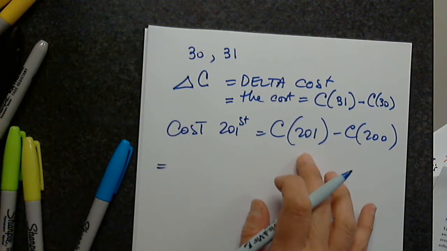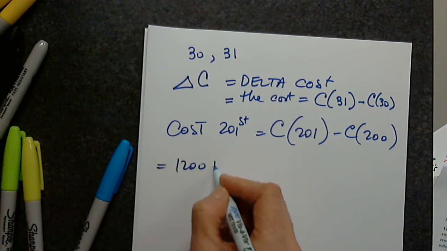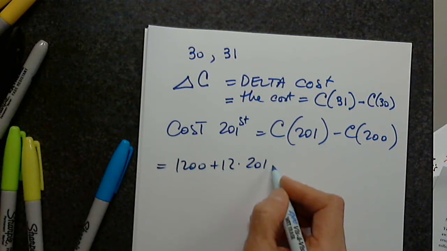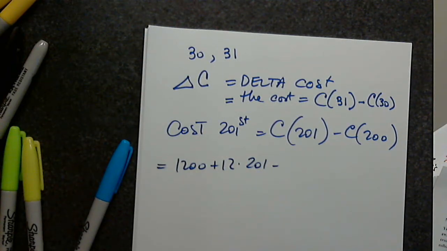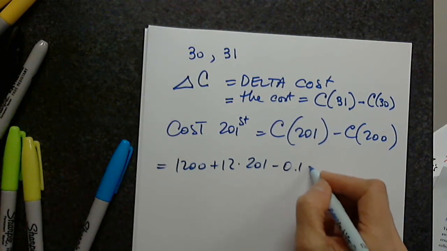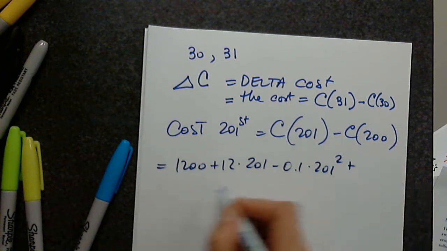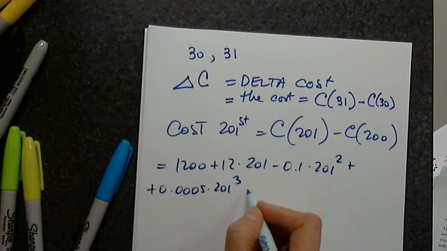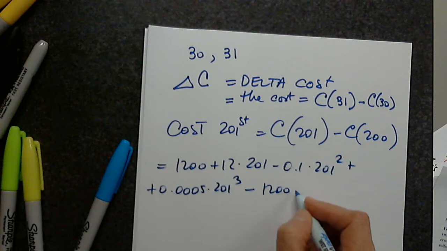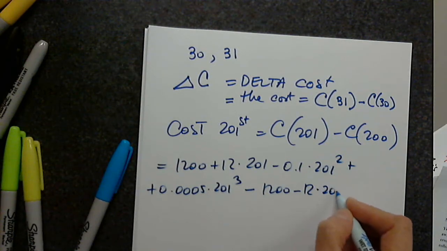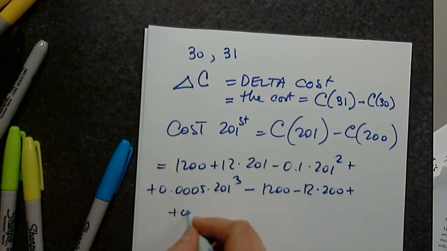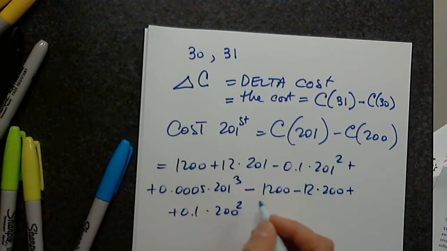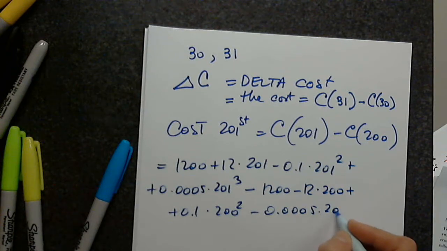So C of 201, so this is 1200 plus 12 times 201 plus 0.1 times 201 squared plus 0.0005 times 201 cubed, minus 1200 minus 12 times 200 plus 0.1 times 200 squared, and I have to change the signs because I'm subtracting, 200 cubed.